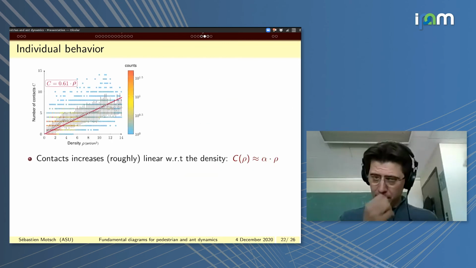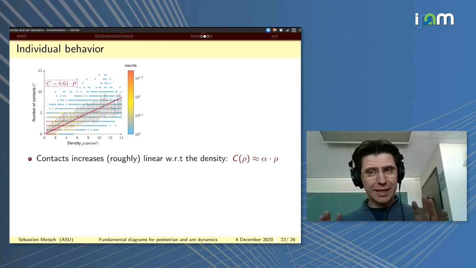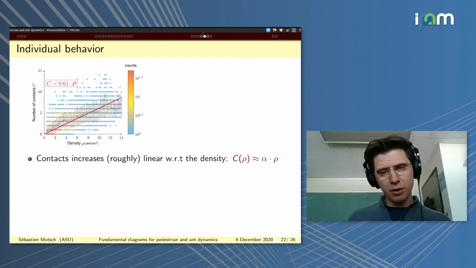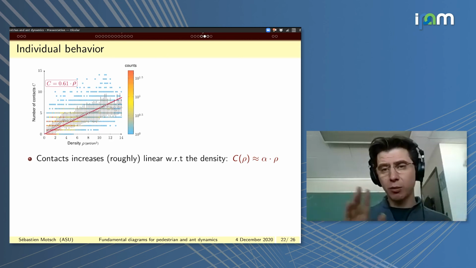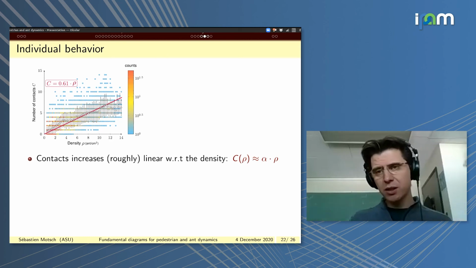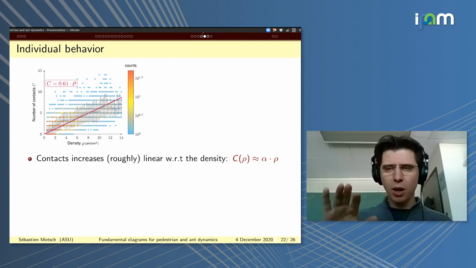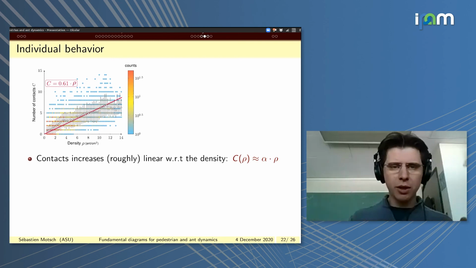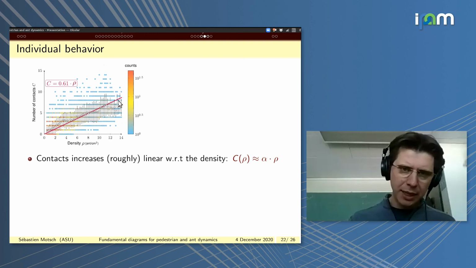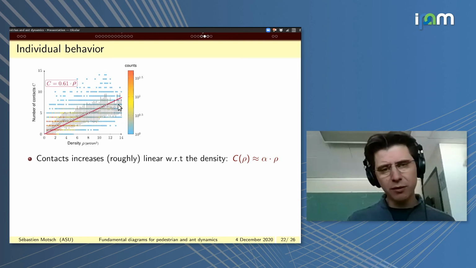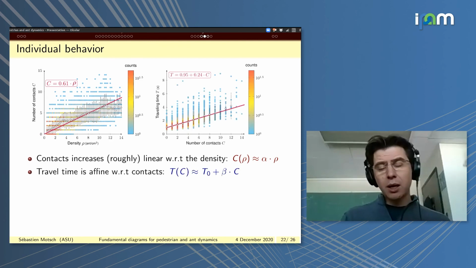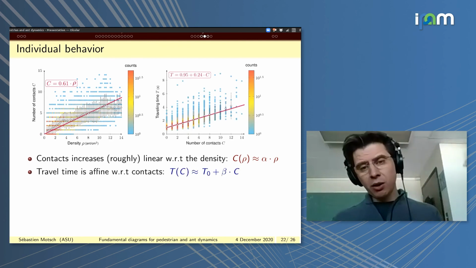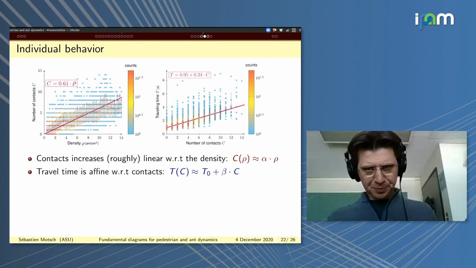First, let's try to have some simple relations between the variables. We explore how the density relates to the number of contacts. You increase the density, you increase the number of contacts, more or less linearly. It might not be completely linear, but there are very few points over there, so it's more or less linear. Travel time and contacts, this one is clearly linear.